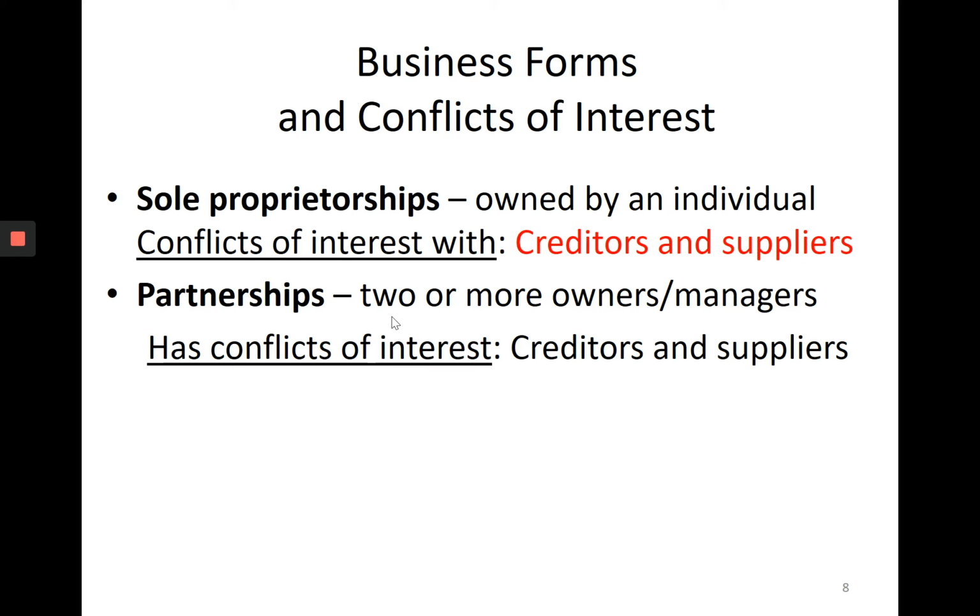In that case, there is no conflict of interest between managers and owners. They are one individual. And if that individual takes advantage of the firm, for example, the individual purchases a jet airplane for the business and uses it for personal benefit, since the business completely belongs to this individual, the individual owner is consuming from his or her assets.